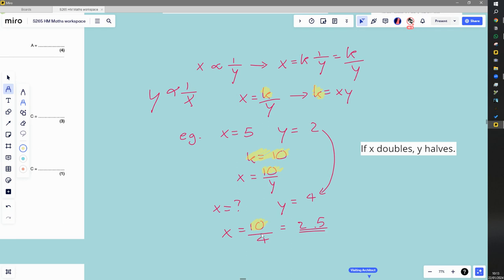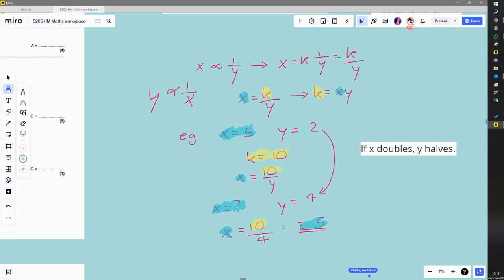Okay? And this is inverse proportional now. So here's x. Here's my example value for x. We don't know what x is yet. We're trying to work it out in this part of the question. But we eventually got it there.